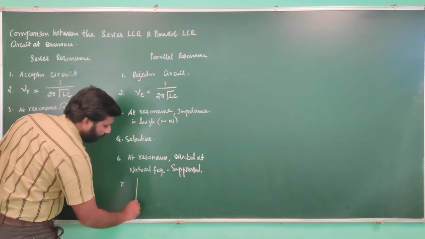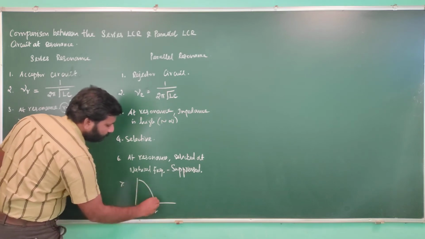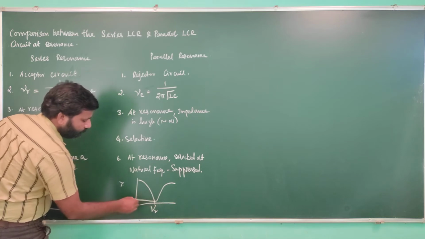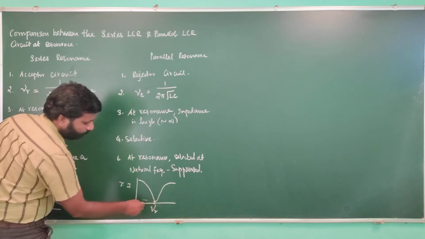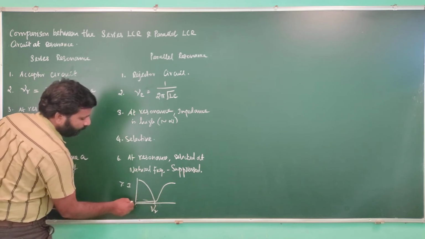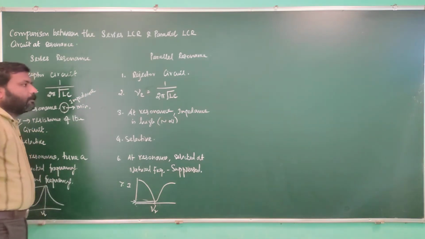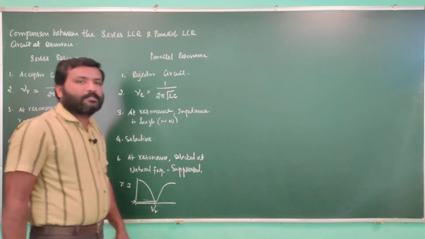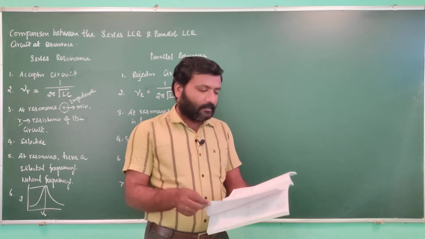When you look here, at the natural frequency the current is minimum, so it is said to be a rejector circuit. So these are some of the salient features of a series and parallel LCR circuit at resonance frequency.